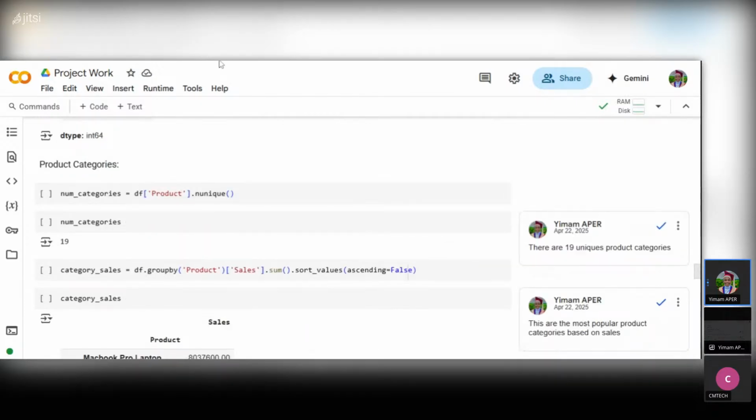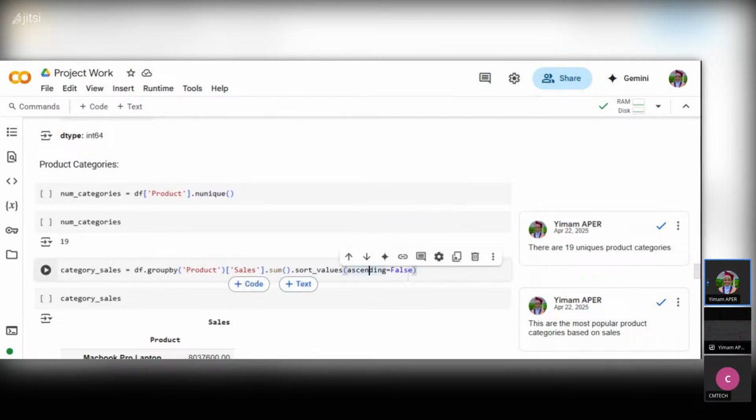Then the next question says, what are the most popular product categories based on sales? Based on sales category, I say DF equals group by product sales. That's product based on sales. We should sum up sorted values ascending first.